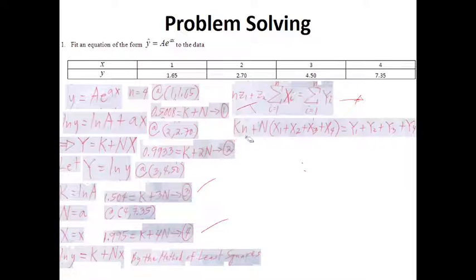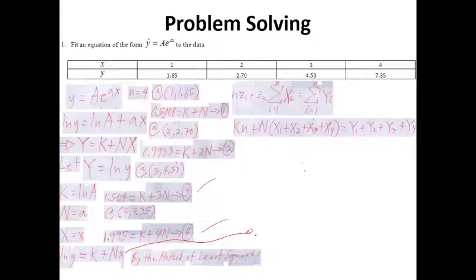So we have Z sub 1, so that represents k, no? Z sub 1 represents k. Kasi meron tayo ditong ln y equals k plus nx, right?